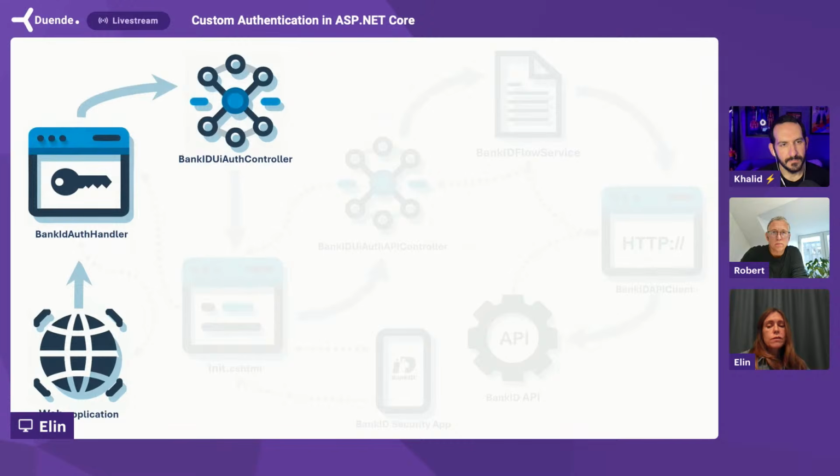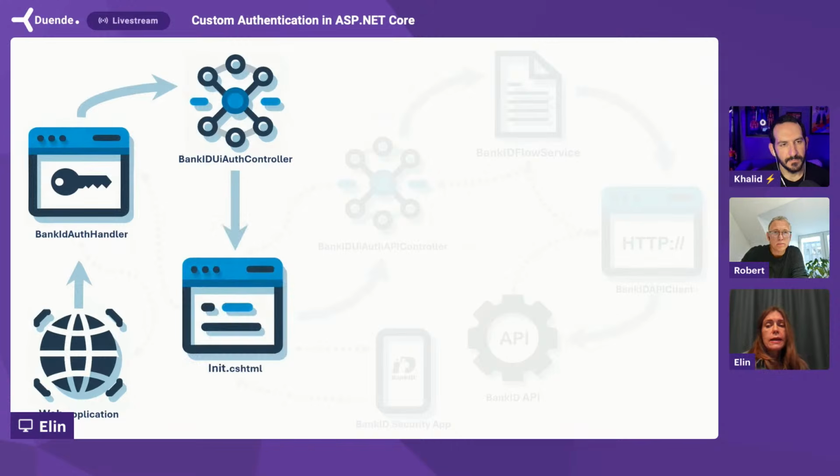And then it displays a view to the user. And this view is responsible for the entire user experience, like showing messages to the user, displaying QR codes, launching the security application, and things like that. And the view is also using TypeScript to communicate with the backend parts of Active Login.